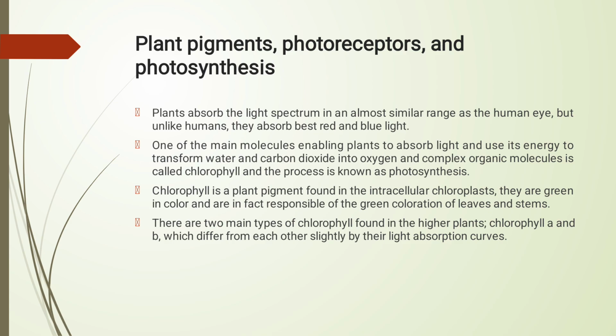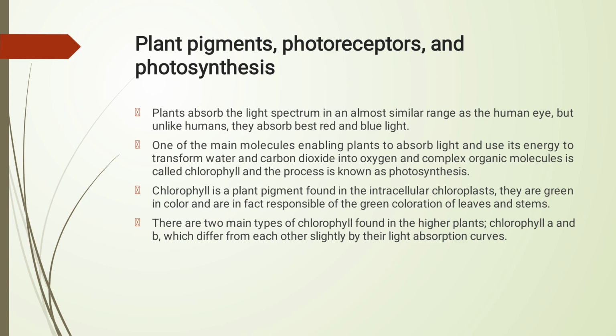Plant pigments, photoreceptors and photosynthesis. Plants absorb light in almost the same range as human eyes, but unlike humans, they absorb red and blue light best.